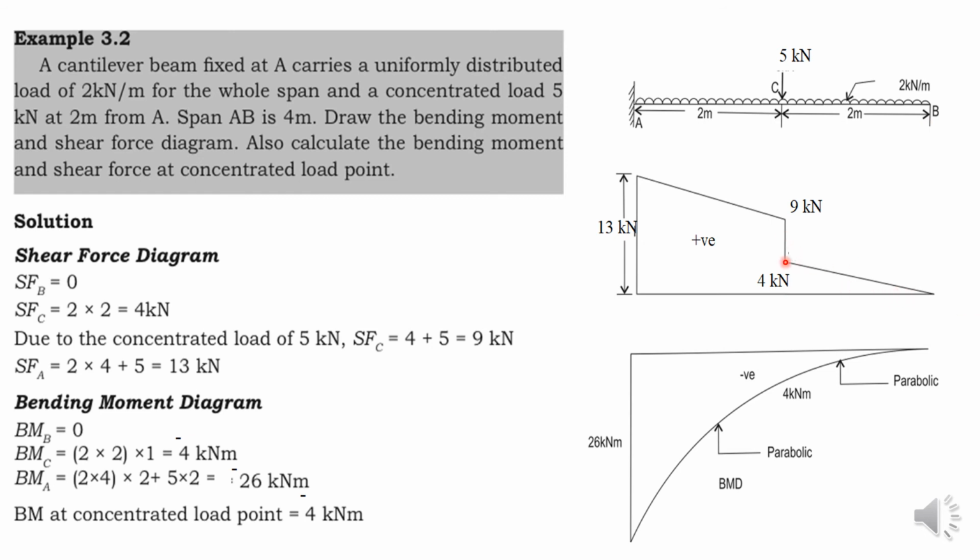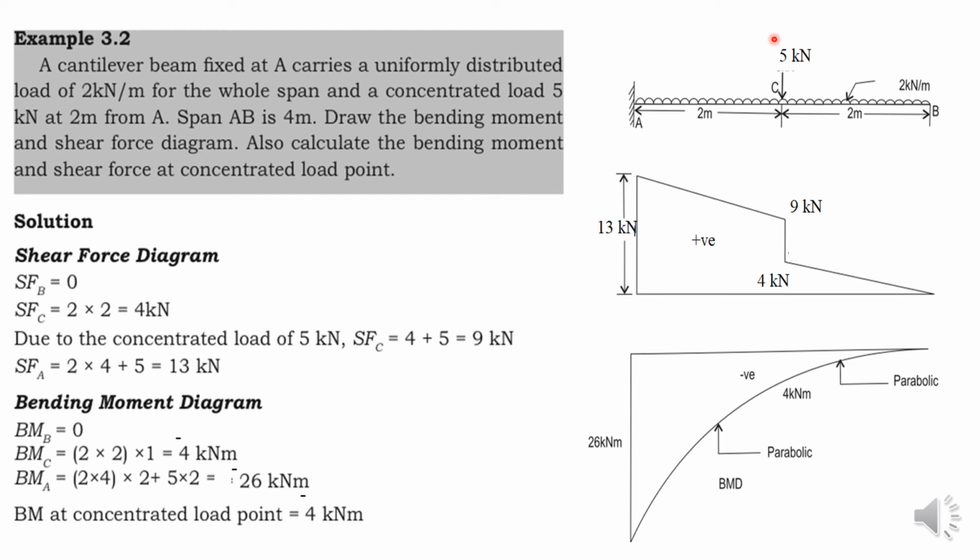Okay, so at C, while considering the left hand side of C, you can see a 5 kilonewton load which is acting downward. So in order to draw the shear force diagram at C, we have to consider this 4 kilonewton plus 5, that is a total of 9 kilonewton acting at C. Then again consider a section line which is at a distance h from the support C, then take the shear force about the section line.